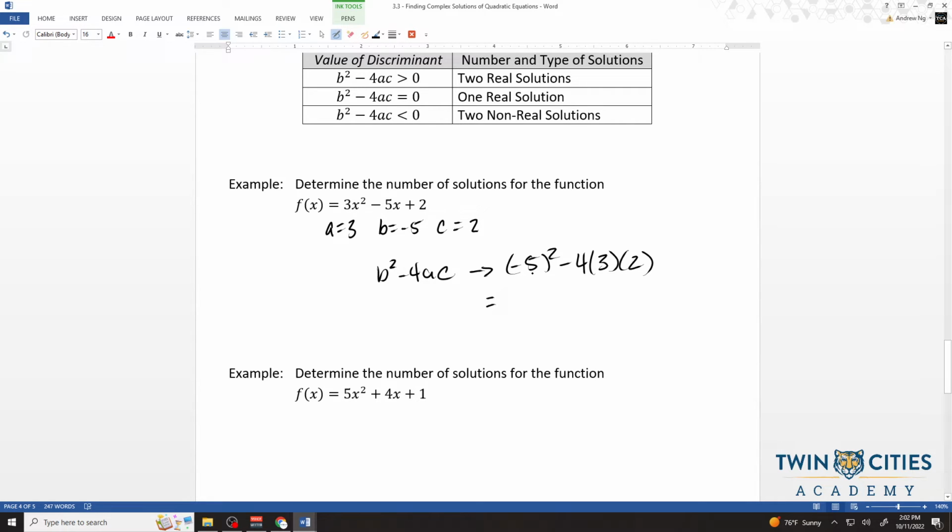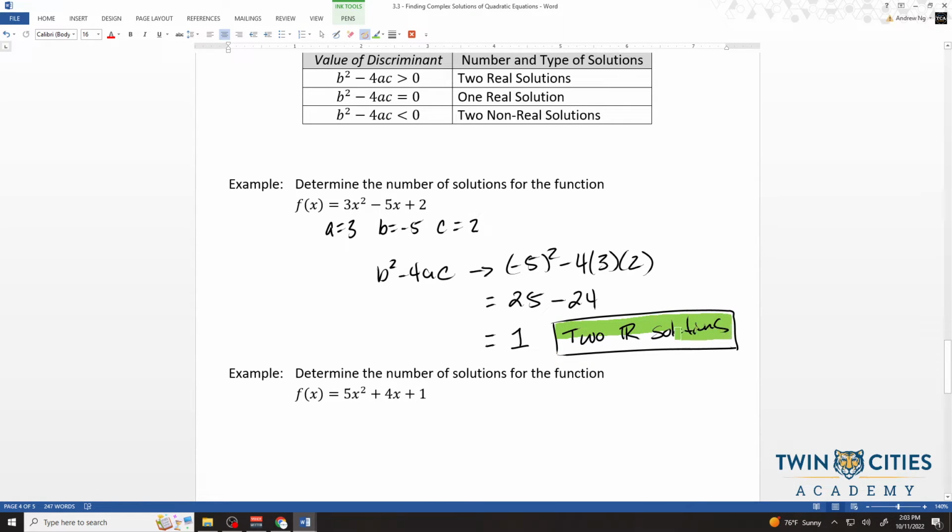This is negative 5 squared, so 25, because negative 5 times negative 5, minus 4 times 3 is 12, and then 12 times another 2, that's going to make 24. 25 minus 24, this is a positive 1, which tells me I'm going to have two real solutions. And this is the answer I'm looking for.